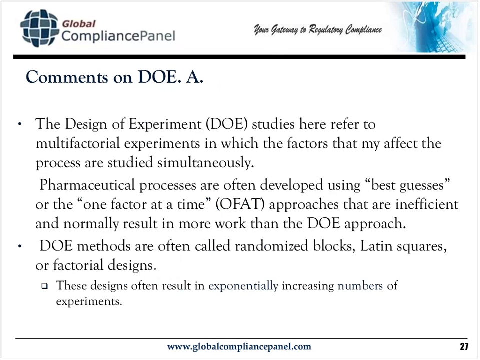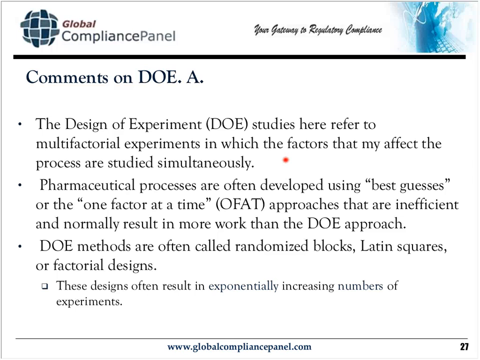Now, design of experiment studies. These are multifactorial experiments, and you're looking at the factors that can affect the process. And basically what you're looking at are the process parameters, and that's your input. Your output is going to be your critical to quality attributes.